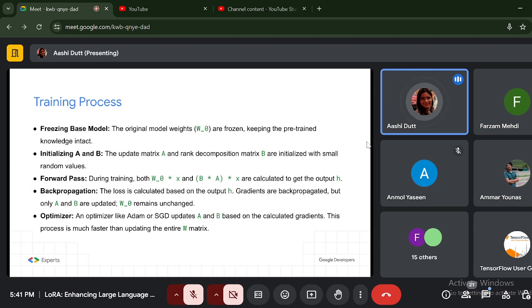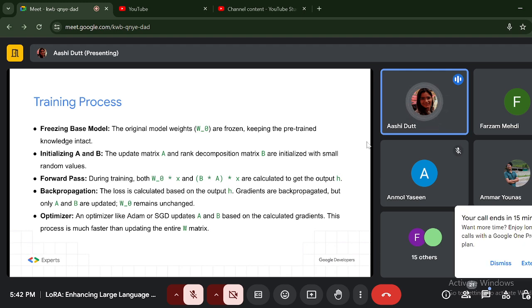Next is the training process. We've already talked about it, let's talk about it again. Initially freeze your base model, that is, freeze your original weights. Then initialize A and B, that are our update matrix and rank decomposition matrix.